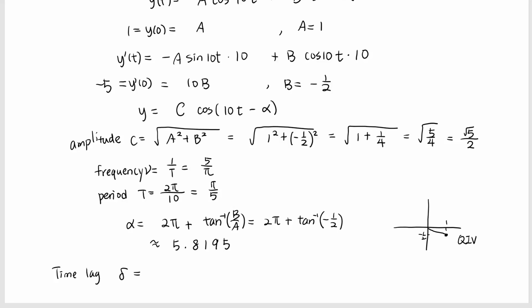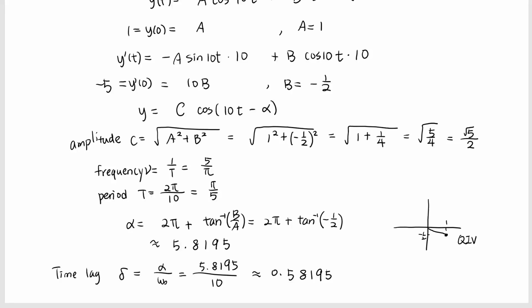Okay, so then the time lag delta is alpha over omega 0, which is 5.8195 divided by 10. Okay, so then we get 0.58195. So that is the time lag. The units is radian.